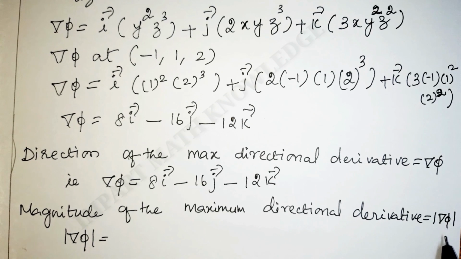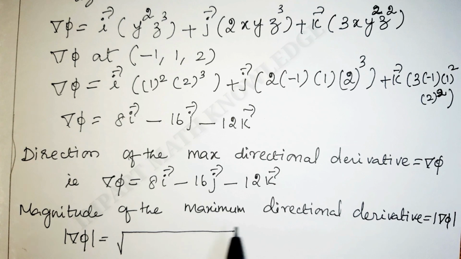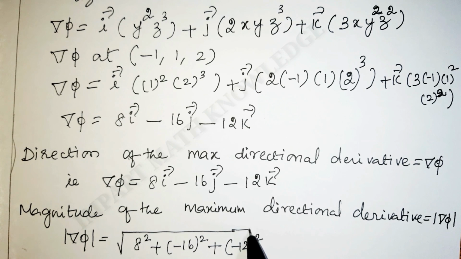This is nothing but modulus of del phi, square root of the sum of squares of coefficients of i, j, k in del phi. That is, coefficient of i is 8, 8 square. Coefficient of j is minus 16, 16 square. And coefficient of k is minus 12, minus 12 square.